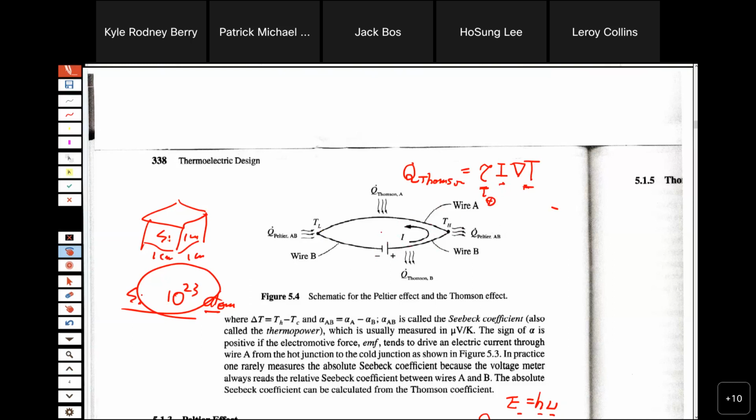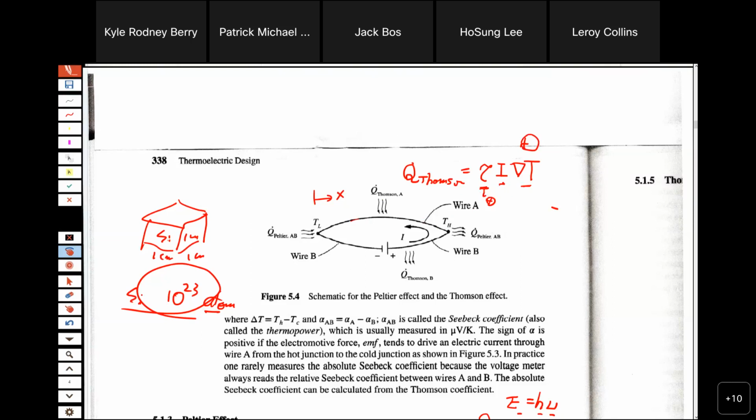Would that be, let's say, this direction? Is this gradient positive or negative? Would that be negative for the temperature gradient? Oh, would that be positive, going from low to high? Yeah, positive. Yes, you're right. Positive.